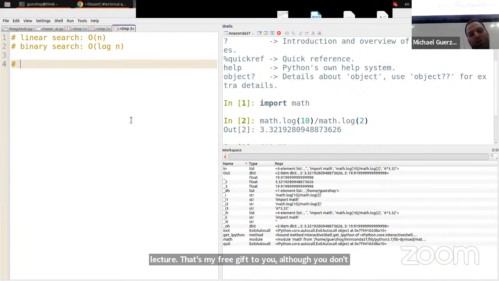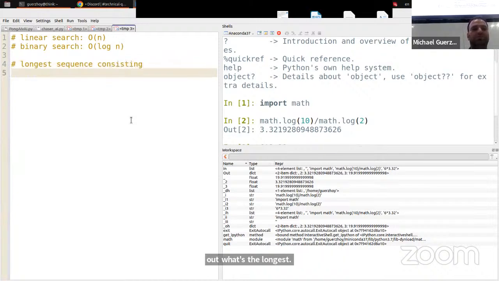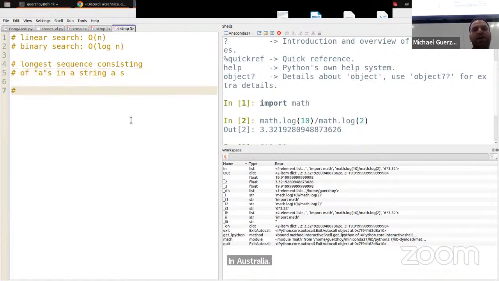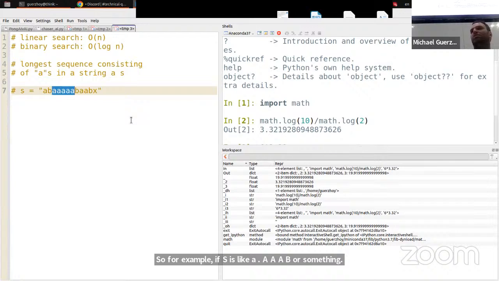So let's say that what I want to do is figure out the longest sequence consisting of A's in a string S. So for example, if S is like A, B, A, B, A, and then X, whatever, then the longest sequence of A's is 5.